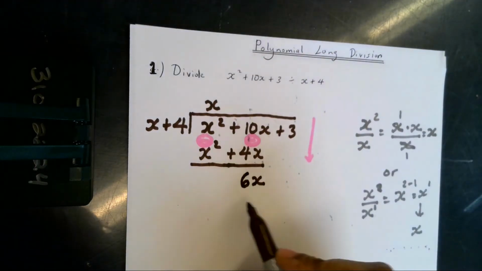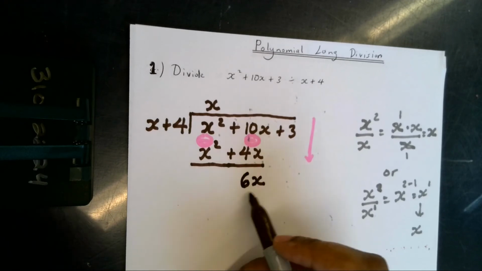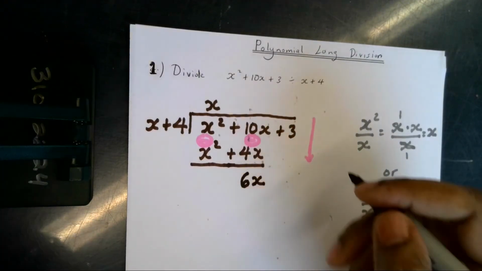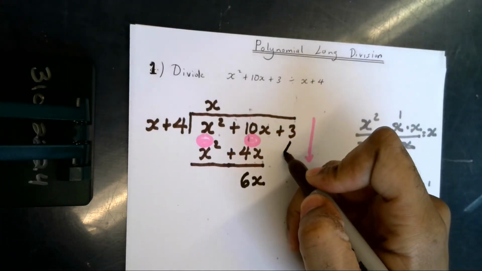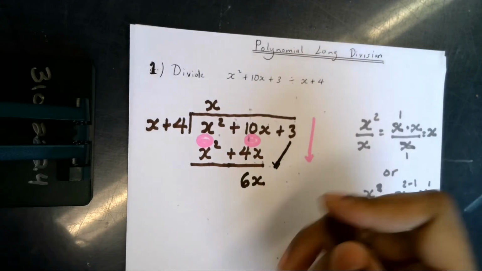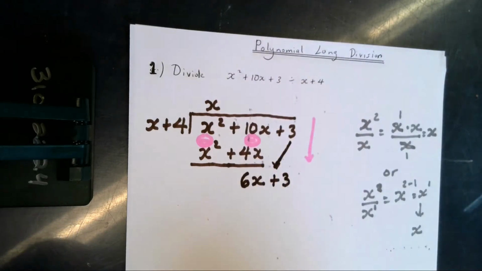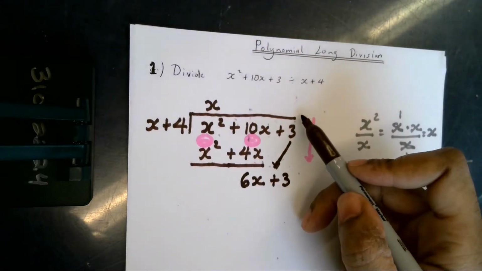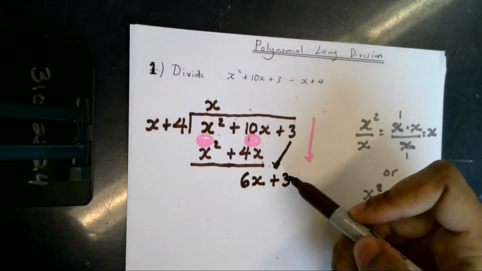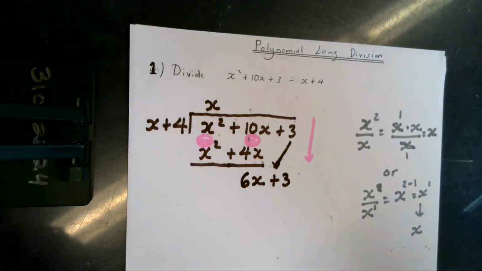After you have subtracted, you're going to bring this number down. And after you have brought this number down, you're going to repeat the process.